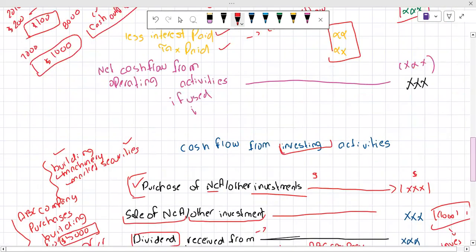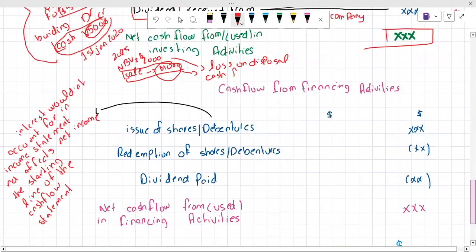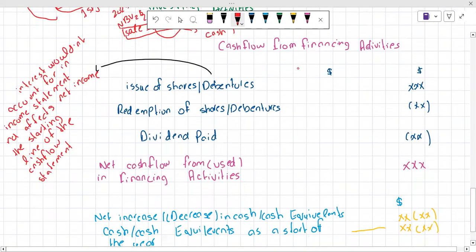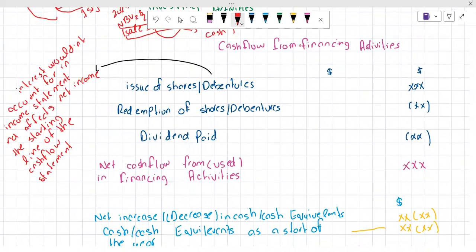Okay. So after that, we have the final cash flow statement from financing activities. What is the meaning of financing activities? All the activities which are categorized under financing activities would be if you are issuing any shares, or maybe if you are taking any loan from debentures or maybe any bank.